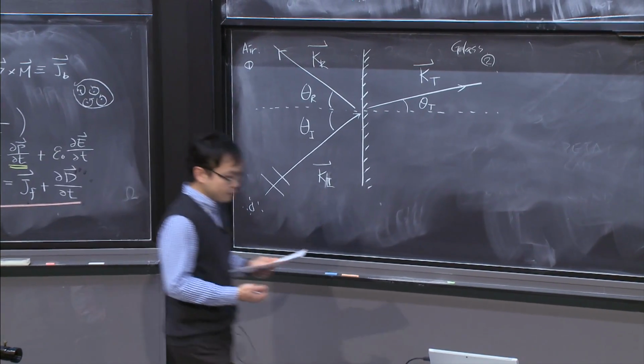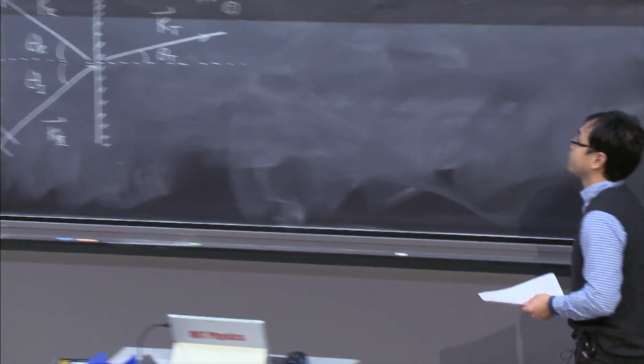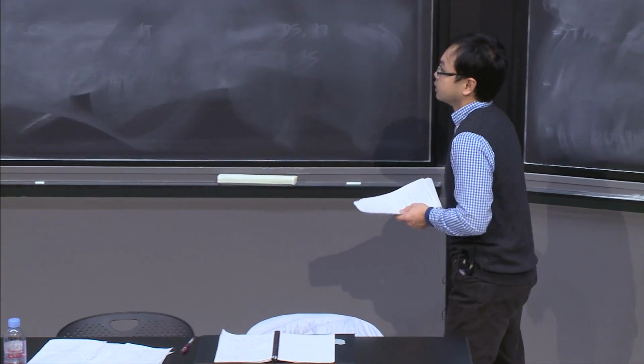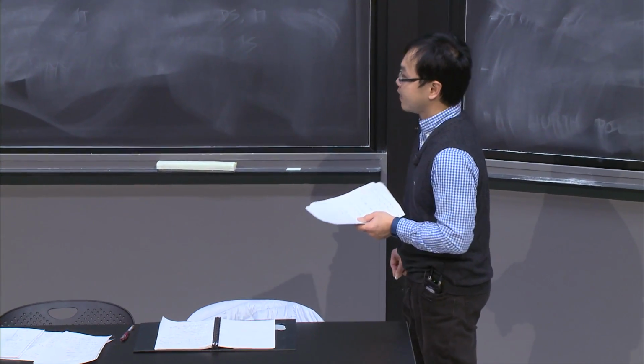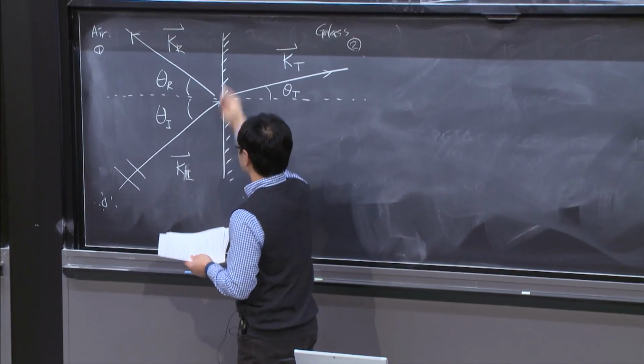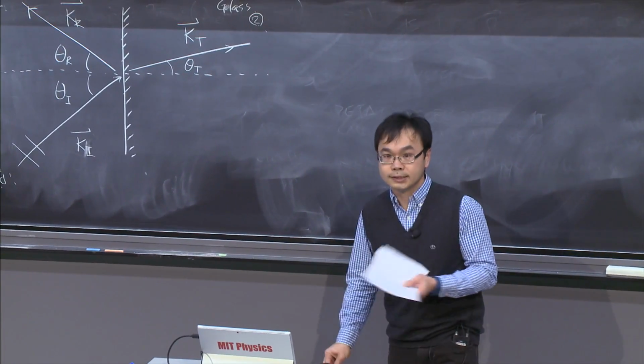So that means it has to obey Snell's law, and the size of the projection of the k vector onto the direction of this surface will be the same.